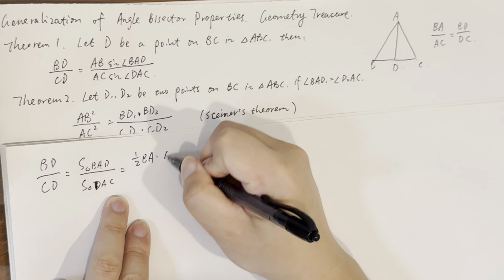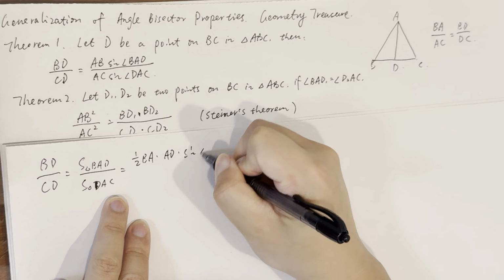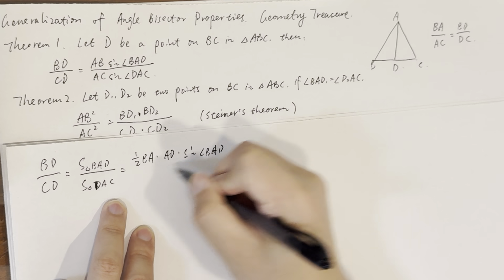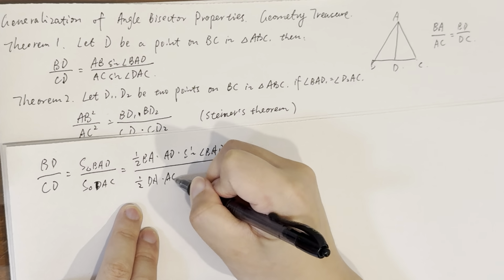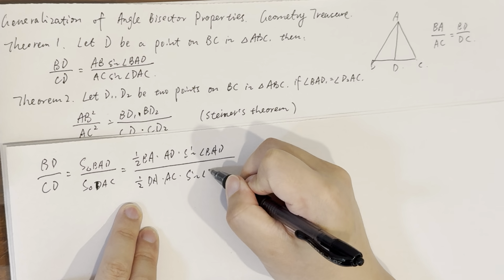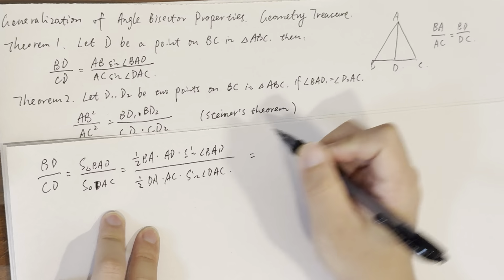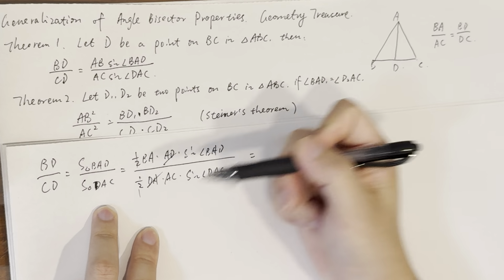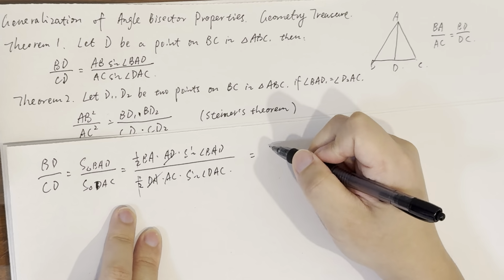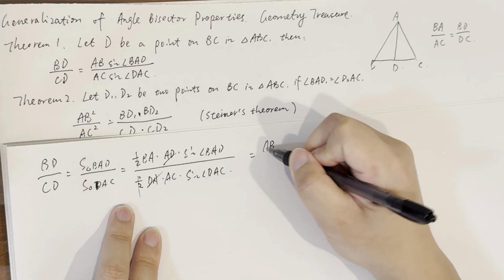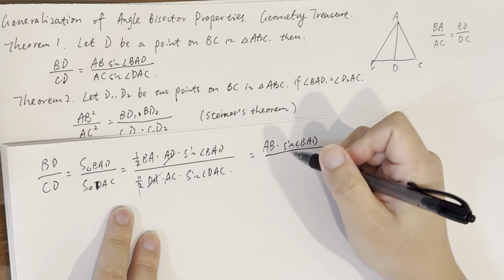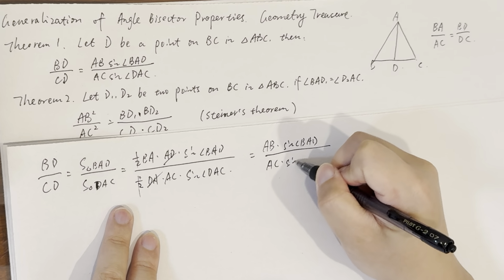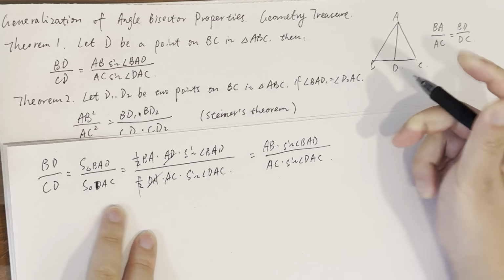That's BA times AD times sine angle BAD, to half of DA times AC times sine angle DAC. So you can see that AD cancels, half cancels. So we have BA times sine angle BAD to AC times sine angle DAC, right?